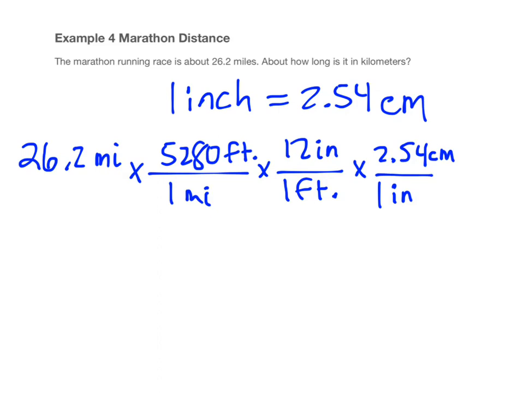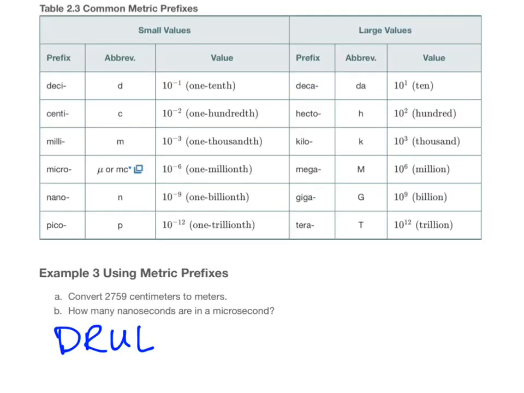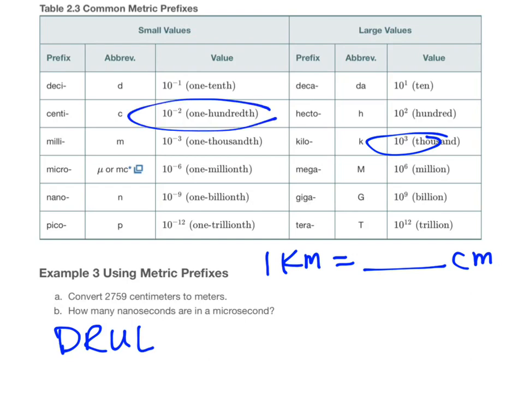And then I need to know how many centimeters are in a kilometer. So from the metric chart, right, or again, if you have the song memorized or the acronym, okay, you could probably do this in your head, but we have 1 kilometer, and we want to know how many centimeters that is. Okay, so I'm going from kilo, which is 1,000, okay, down to centimeters, which is 100th.